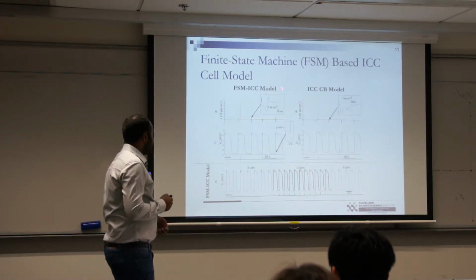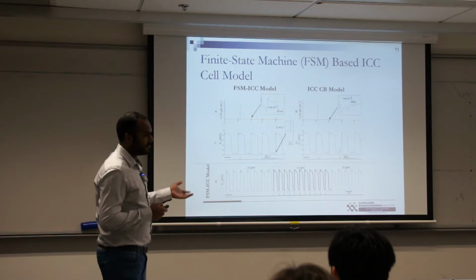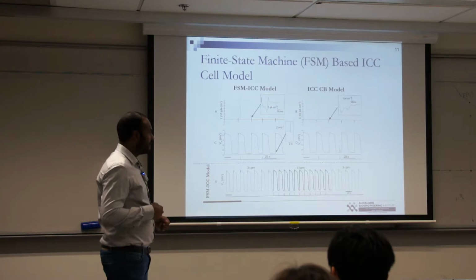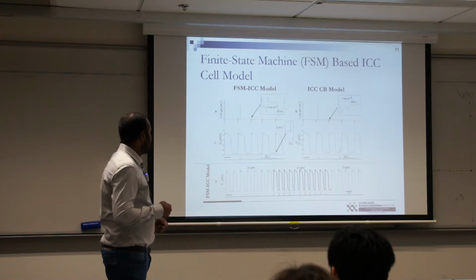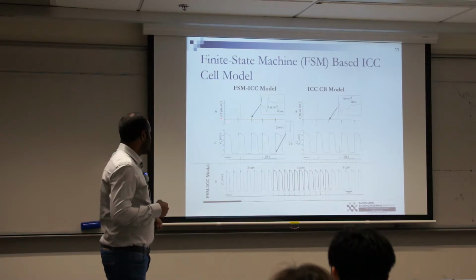So this is the comparison between the original Corrias and Buist ICC model, which is a well-established model, I should have told you that before, and this is the finite state machine model. So we did a comparison between these two. This is only the ionic current values for both of the models.